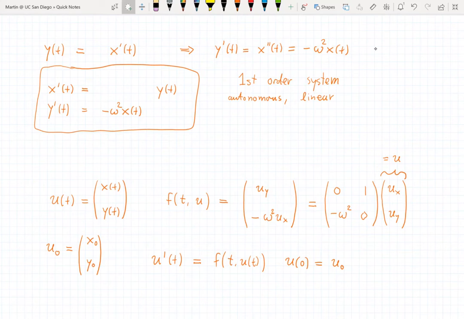So in particular, f(t,u) can be written as a matrix vector product with a fixed 2 by 2 matrix applied to the vector u. With this definition, we see that we can reformulate the harmonic oscillator equation as a Cauchy problem, namely u'(t) equal f(t, u(t)), with initial condition u(0) equal u0.